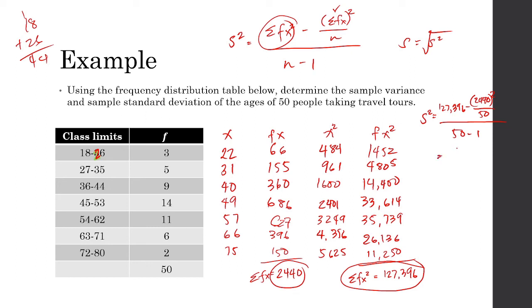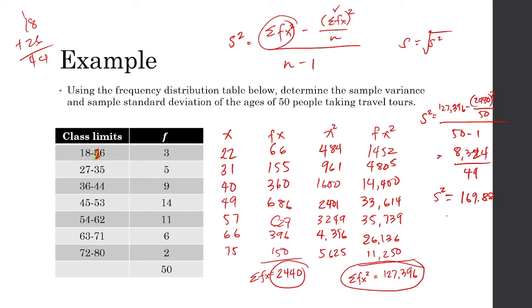So, we will have here 8,340.24 over 49. So we will have here a variance, which is 169.88.